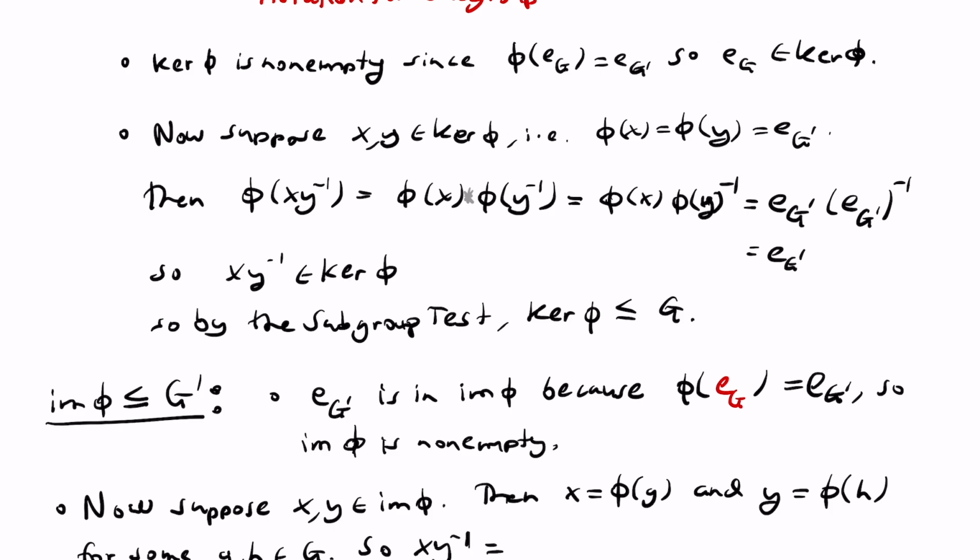So let's play around with it. You have x, which is phi of g, and then y, which is phi of h inverse. And your hope is that this is phi of something in order to establish that xy inverse is phi of something, meaning xy inverse is actually in the image of phi.